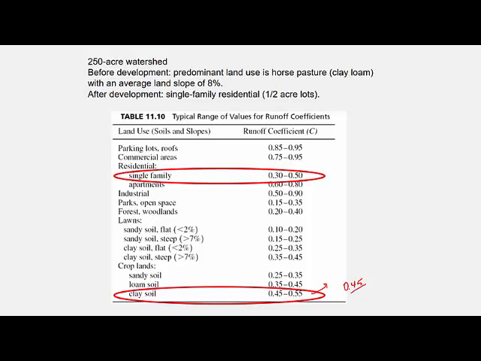And then after development is a single family residential half-acre lots. So here we can use a value of 0.35. In the exam it would be more clear. Now, depending on what you're using it for, that's the value that you use.